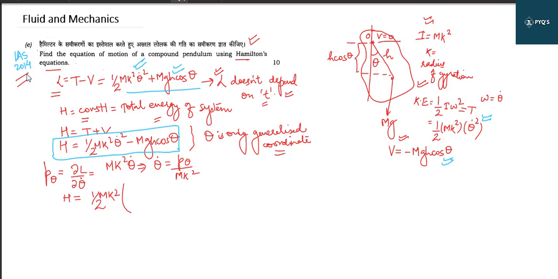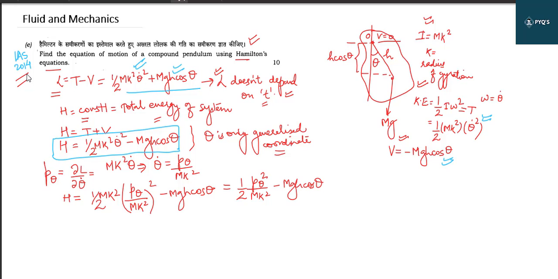Now if you put theta dot here, we'll get p theta upon m k square, whole square, and then I'll write the remaining portion, m g h cos theta. Now m k square cancels, so what will we get? We'll get half p theta square upon m k square minus m g h cos theta. So this is the equation.